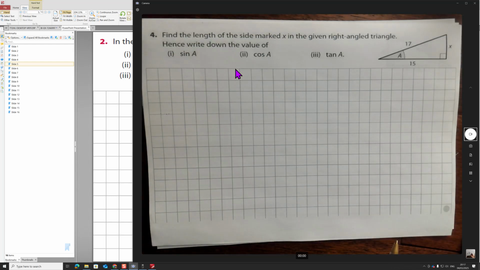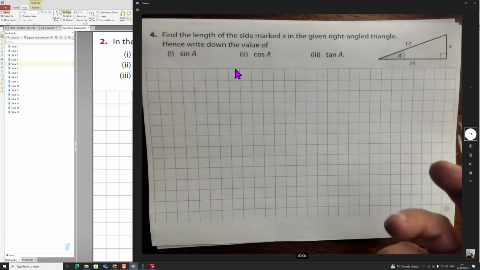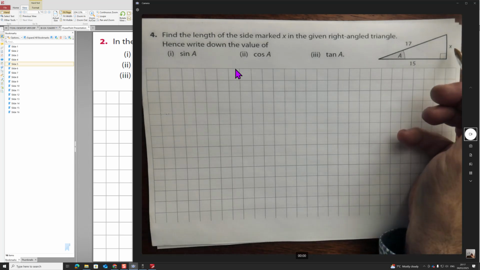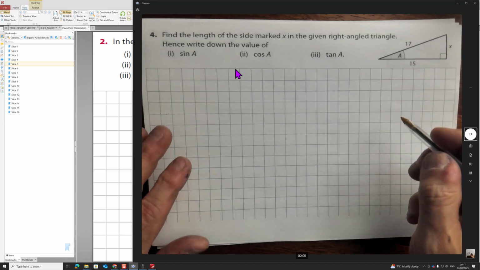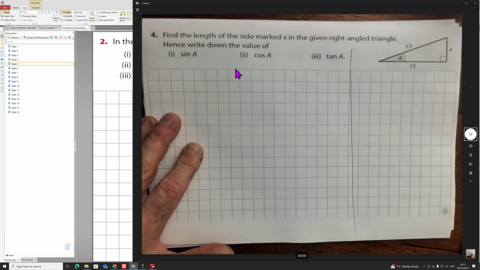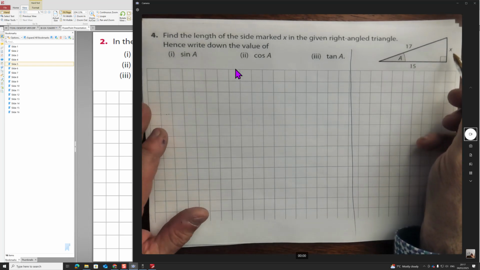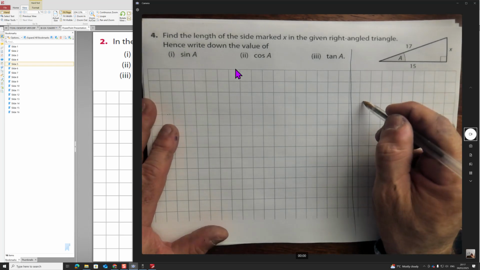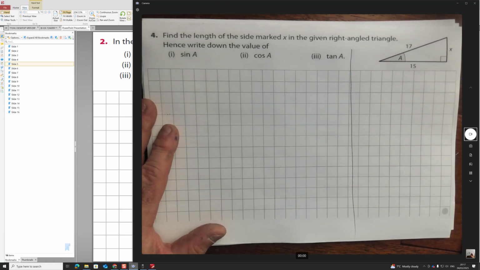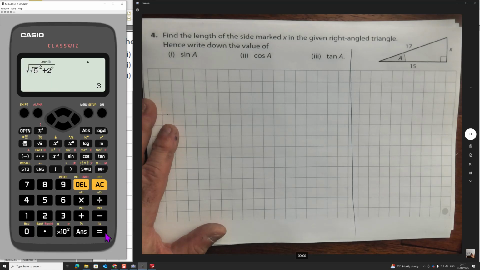Okay, question 4. Find the length of the side marked X in the given right angle triangle. Well, that's Pythagoras. Look, I happen to know it's 8, and I'm going to show you a little bit of extra stuff here. Okay, I know by inspection it's 8, but I would assume you didn't know that. So we would go with my calculator and clear it.